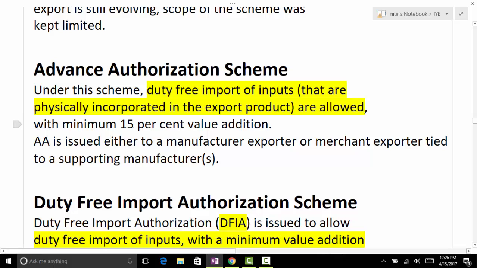It has a certain condition of minimum 50% value addition. So whenever any exporter needs certain items to be imported from other countries, duty-free imports are allowed if there is a certain value addition and the product is to be exported.